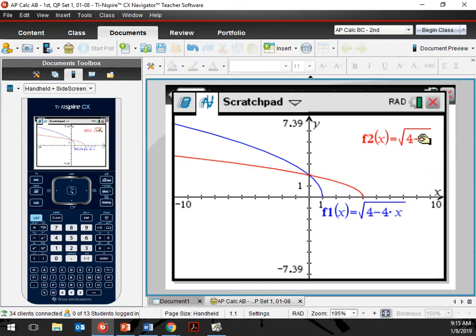So the x-axis is going to be one of my guides here, right?